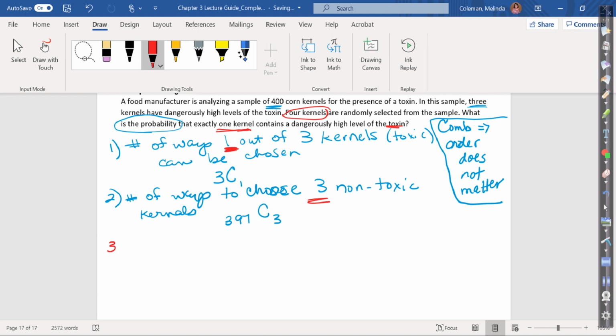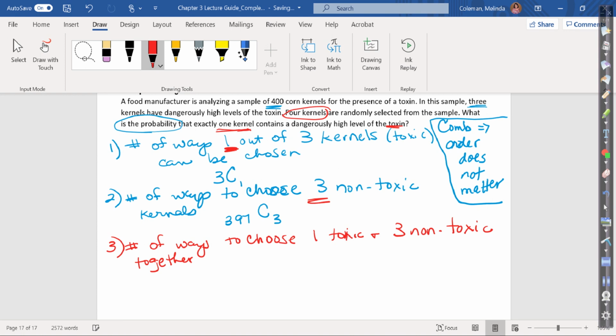So the third step then is going to be the number of ways to choose 1 toxic and 3 non-toxic together.